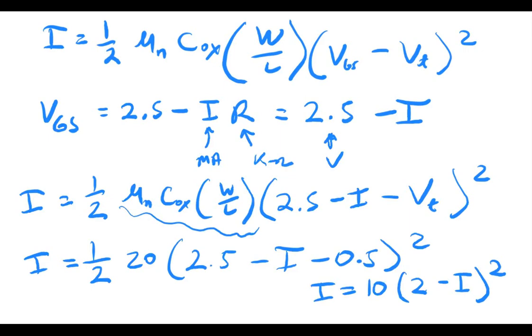And just to keep that going, I get a quadratic out of that, which is I square minus 4.1 I plus 4 equals 0.